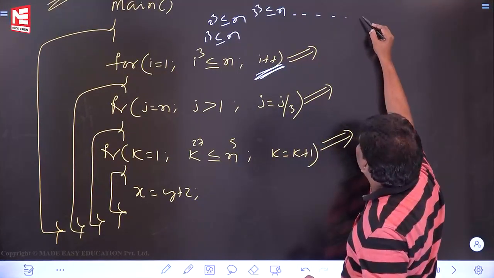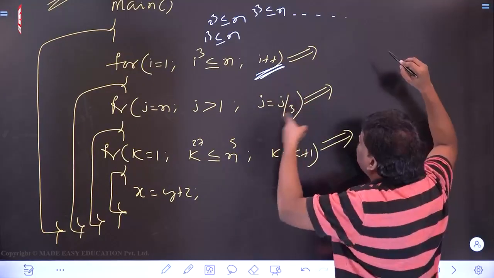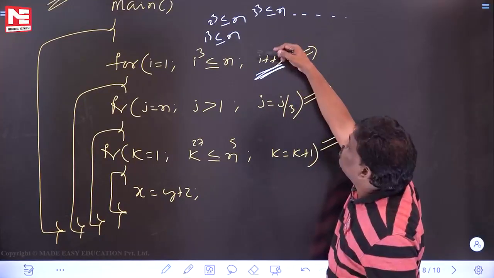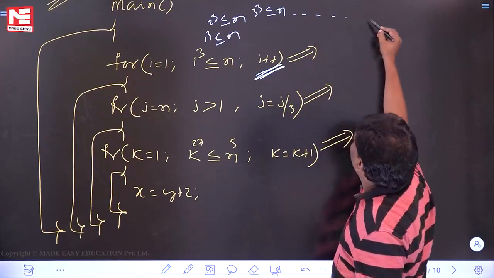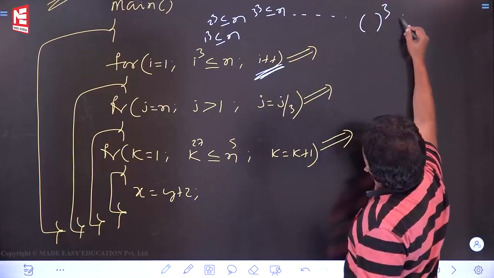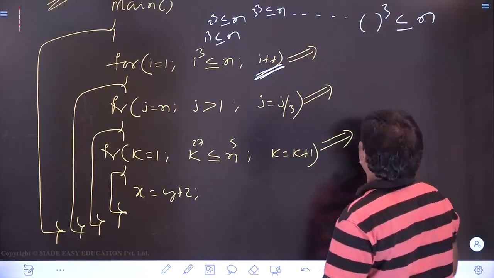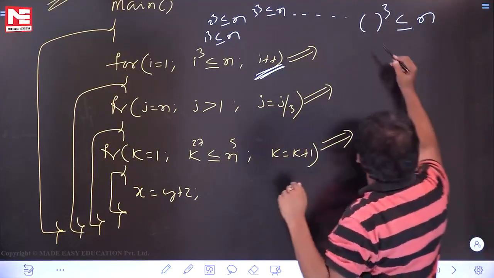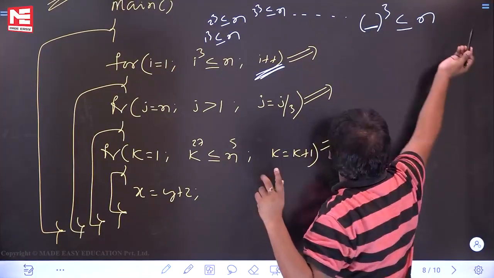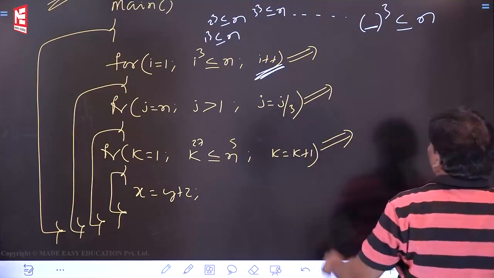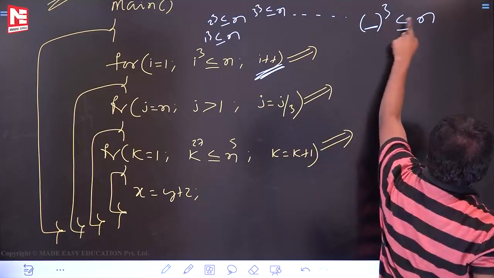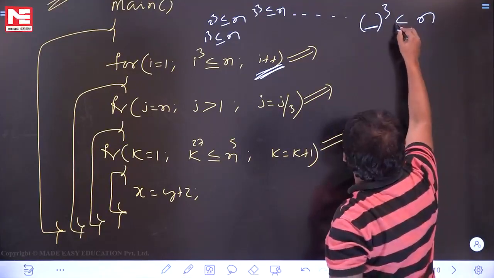Assume that I is incremented k times. Then 1 cube, 2 cube, up to k cube is less than or equal to n. Assume that both are equal: k cube equals n. Which value will make both equal? That is the termination, the stopping point.